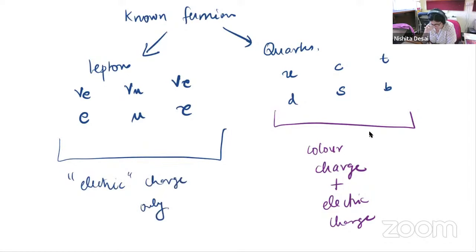The reason I'm putting electric charge in quotes is that the neutrinos do not actually carry electric charge, but they are charged under what we will come to know as SU(2) cross U(1). Okay, so that's the electroweak sector. So these are the known fermions. There's 6 and 6, 12 of them.